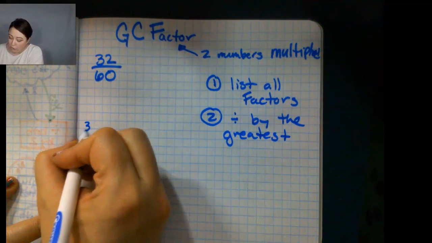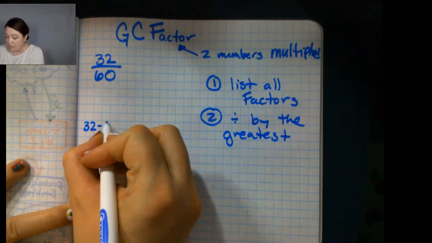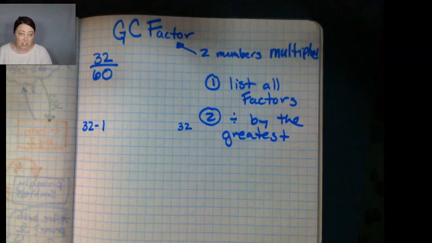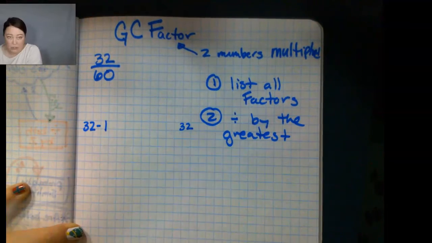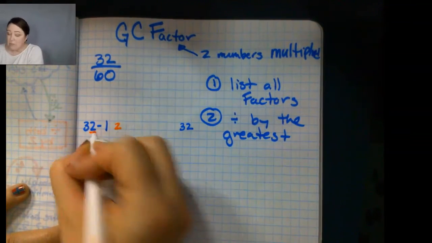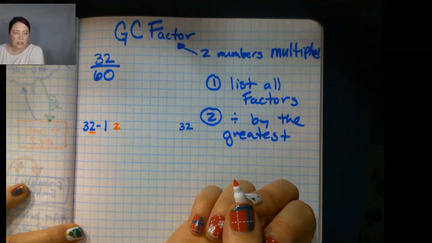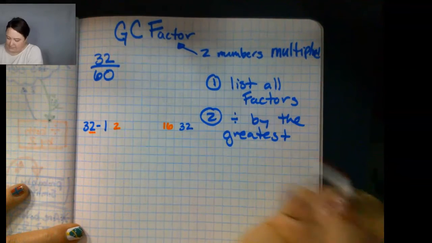So for 32, the factors of 32 are 1 times 32, and I always do it this way. I start with the 1, and I put 32 at the other end. 2, and I know it's divisible by 2 because it ends in an even number. 2 goes into 32, what is that, 16 times?